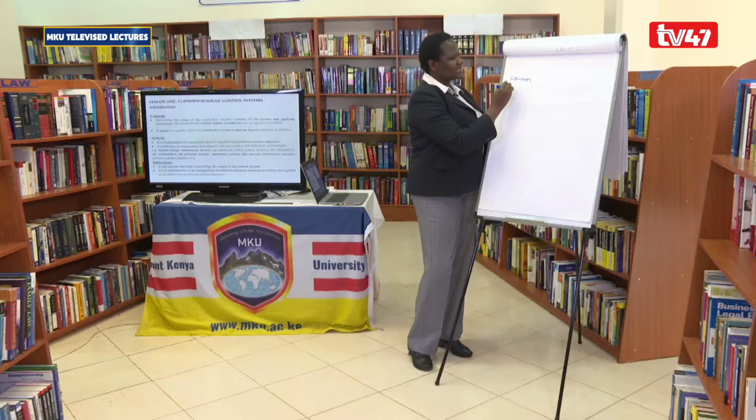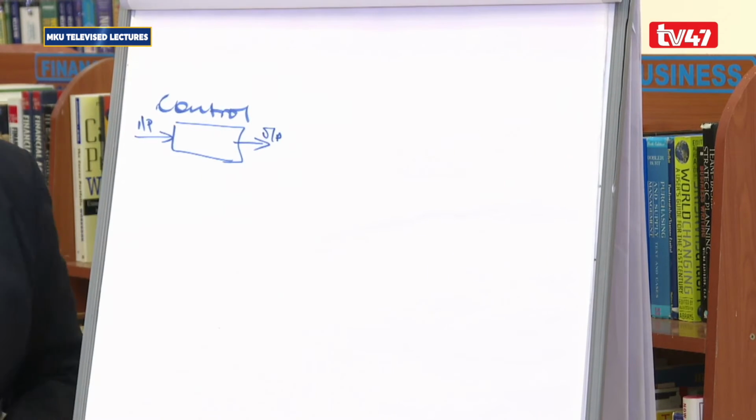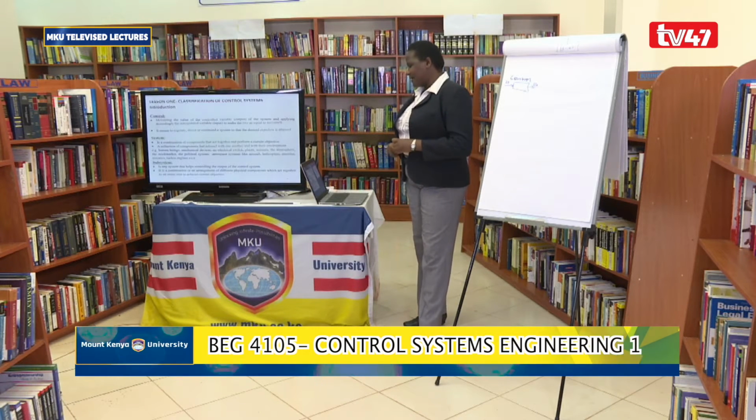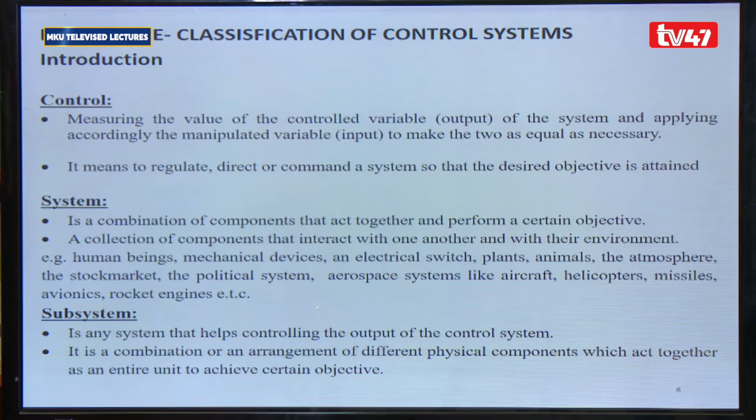Whatever does that is the control element. It compares the input and the output. Another definition: control means to regulate, direct, or command a system so that the desired objective is obtained. Remember, our main objective is to get an output as accurate as possible, so it is the work of the control to regulate, direct, or command.